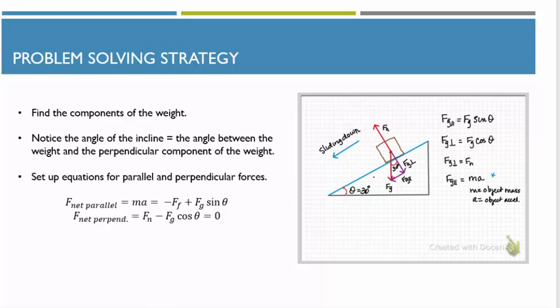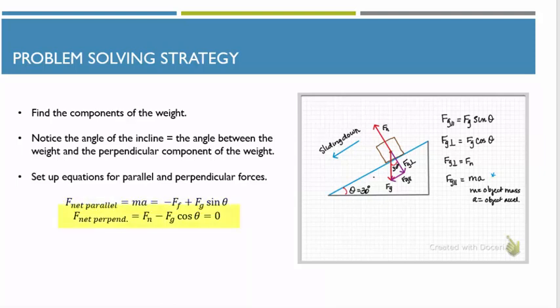As we set up our equation for parallel and perpendicular forces, we get that the net parallel force, which would be mass times acceleration, is going to be minus the frictional force if there is any, and then the weight component in the parallel direction.